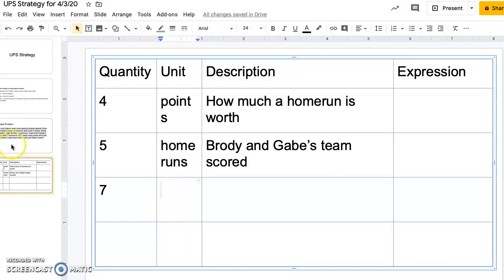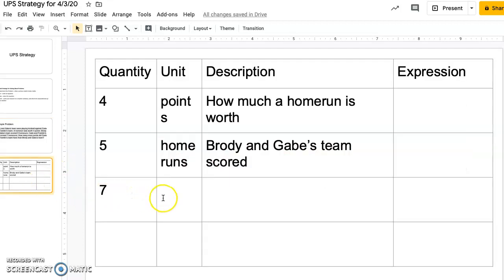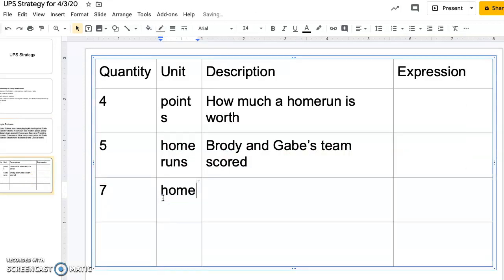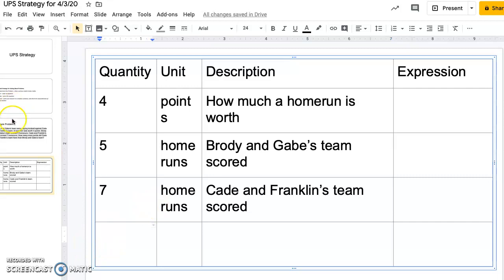Okay, let's look at our 7. So this looks like 7 home runs, and that's what Cade and Franklin's team scored.